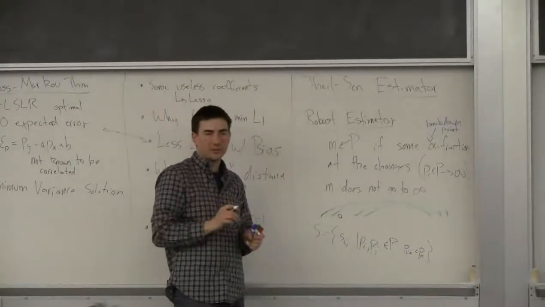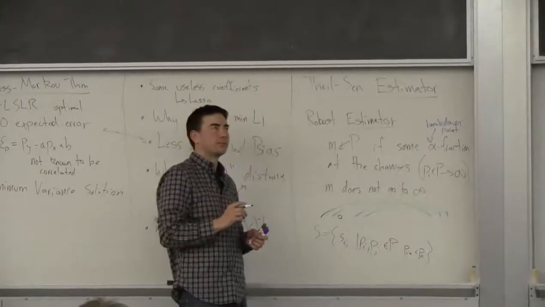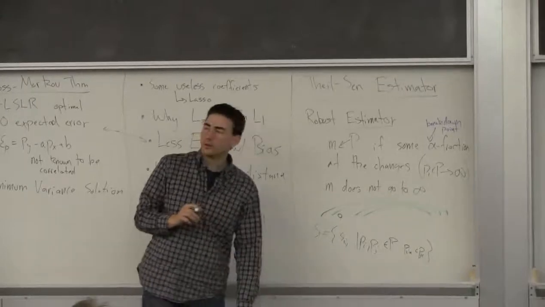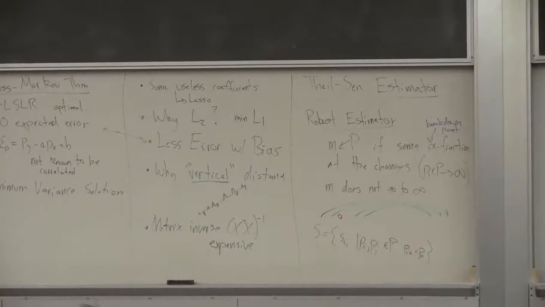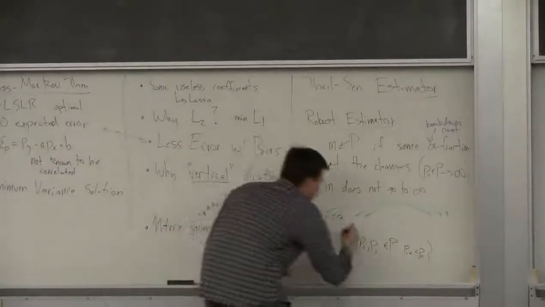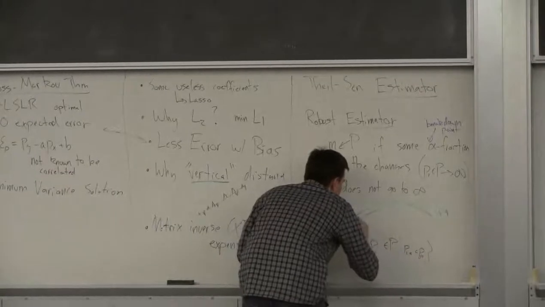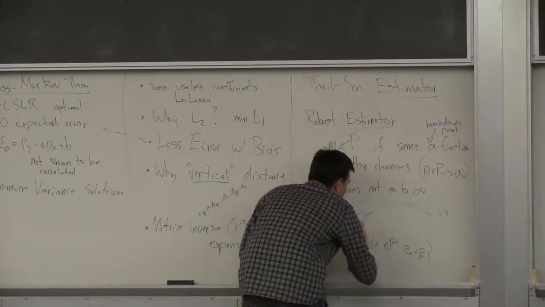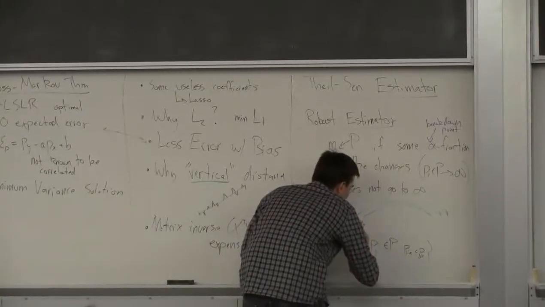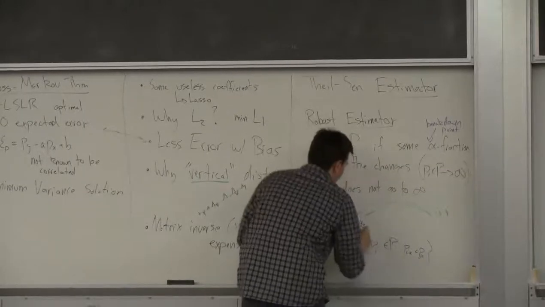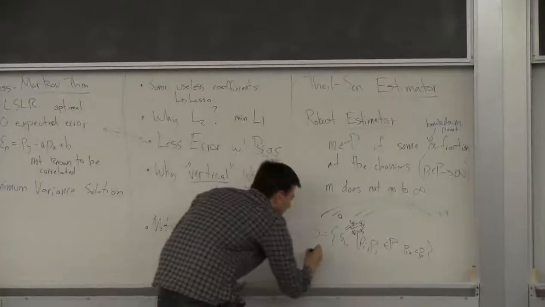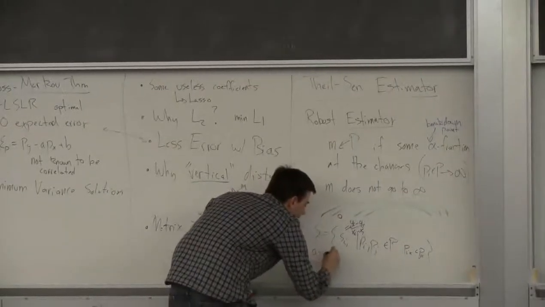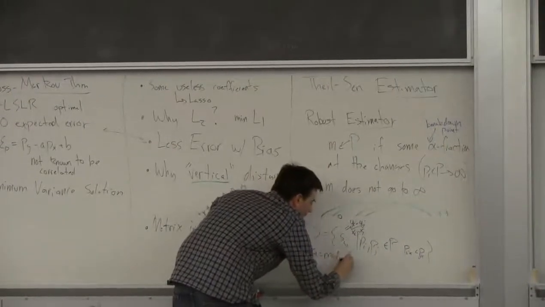So the slope is the y distance over the x distance, so this is yi minus yj over xi minus xj. So then this is the slope. I take the median of all these slopes. I say A equals the median of the set S.